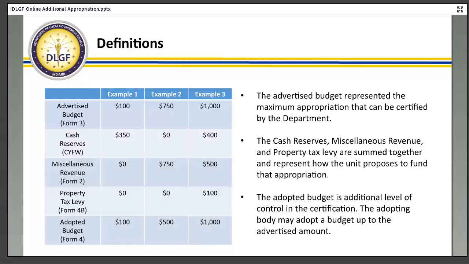The last line listed here as the adopted budget represents a second level of control at the end of the process, after you've advertised a budget, after the appropriate fiscal body has adopted a budget. We can look at what budget they are actually requesting. So there's a second level of control that exists during the budget certification process that gives us more control on that final number. All right.